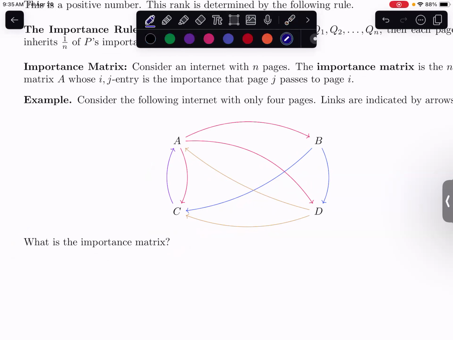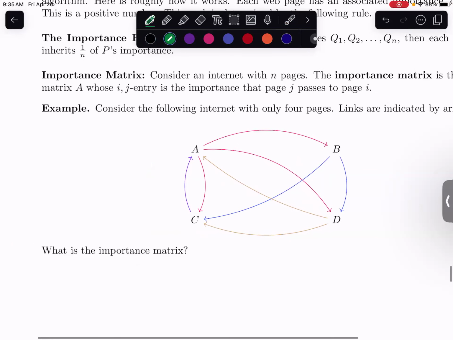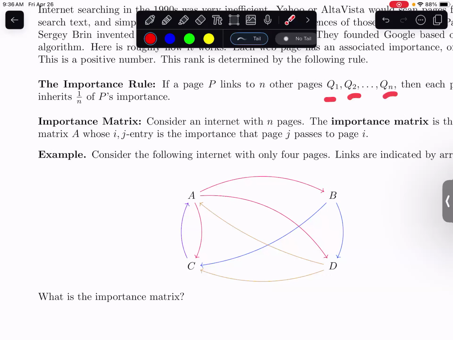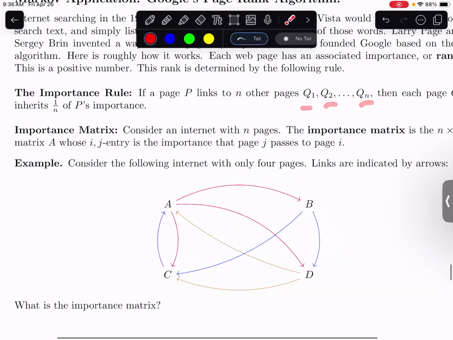I think it would be helpful to label each of these arrows to determine what the importance of one page to another page is going to be. If we're just looking at A, and thinking about the importance of A to B, C, and D, well, A links to 3 other web pages, B, C, and D. So n in this case is going to be equal to 3.